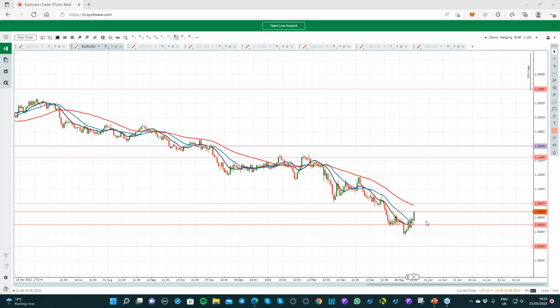Can we predict with 100% certainty what is going to happen with price in any given moment? Absolutely not. No. The market will do what it's going to do regardless of what levels you've drawn on your charts, regardless of what you think the trend is, regardless of which direction you're trading. The market will still do what it's going to do.